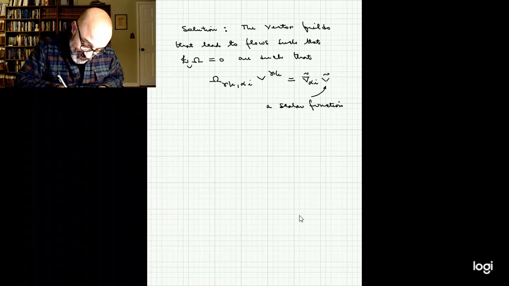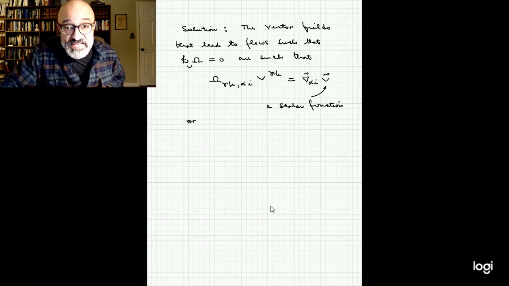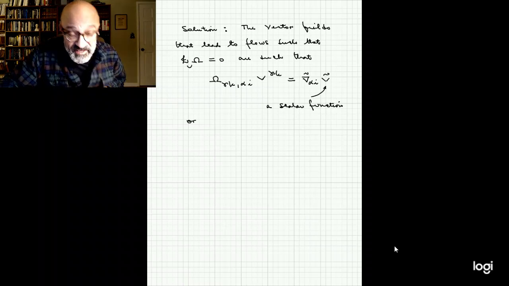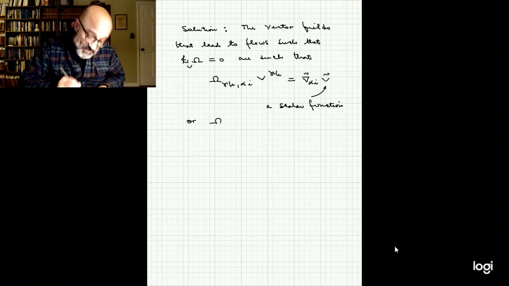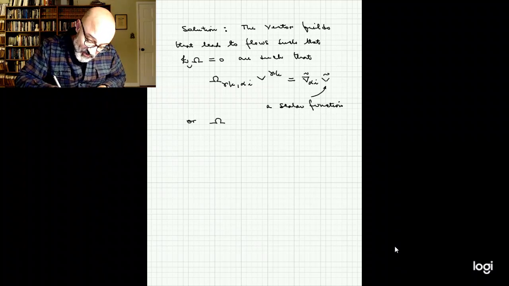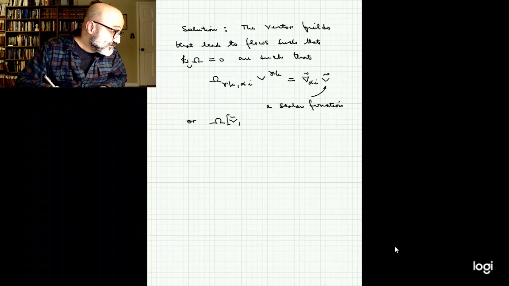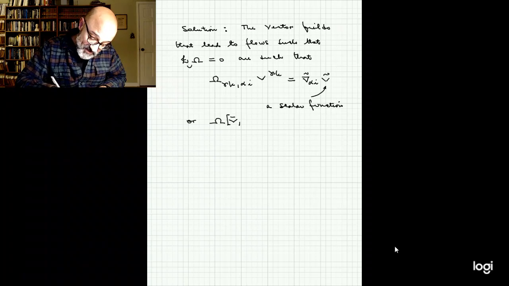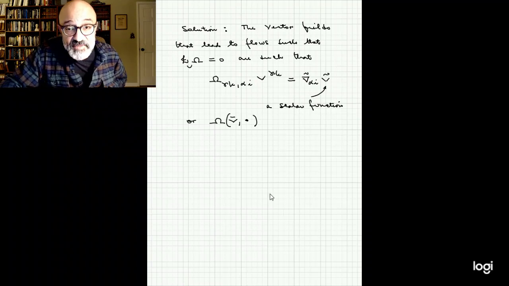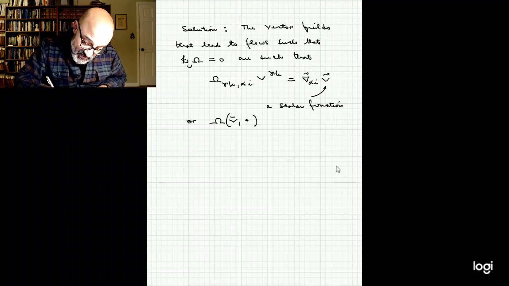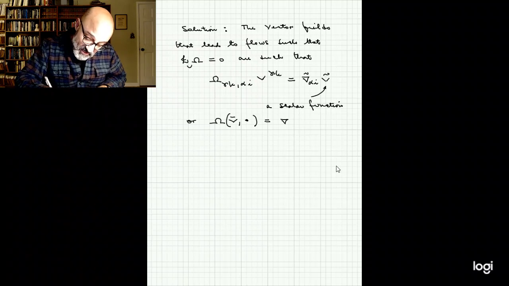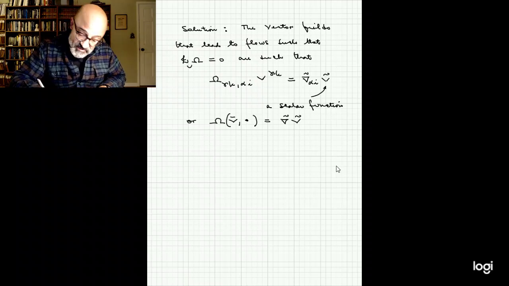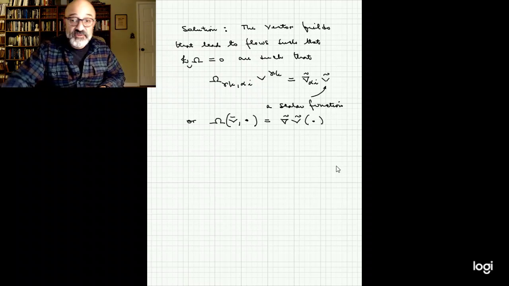Or in a somewhat less messy notation, if you take the symplectic form and apply it to the vector field V, and what you get is a covector. That covector is the gradient of a scalar function, and this object is also going to act on vectors.